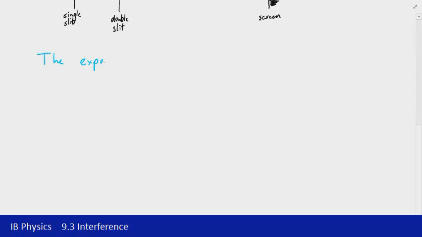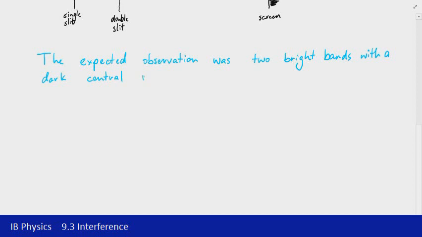The expected observation, as I said, was two bright bands and a dark central region. It might seem that noting the dark central region isn't all that important, but in the context of seeing that the central region ends up being bright, it is actually a fairly important observation. So instead, the actual observation was a bright central region.